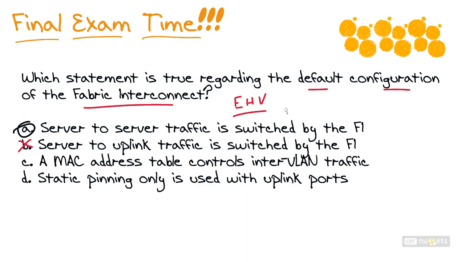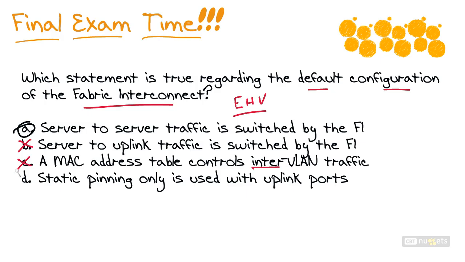When we are going to the uplink side, we know that that particular situation is not MAC address learning. No, we rely on the upstream switches for the uplink intelligence, if you will. C: A MAC address table controls inter-VLAN traffic. No. A MAC address table would control intra-VLAN traffic, not inter-VLAN traffic.